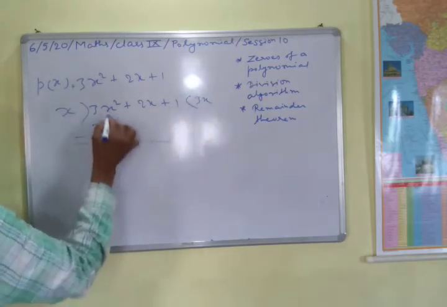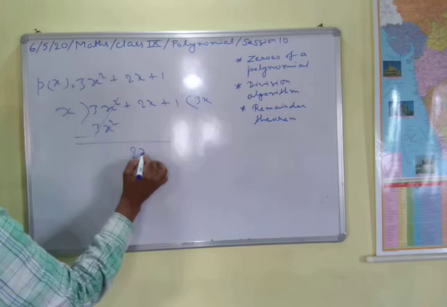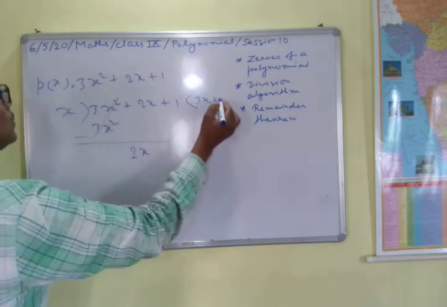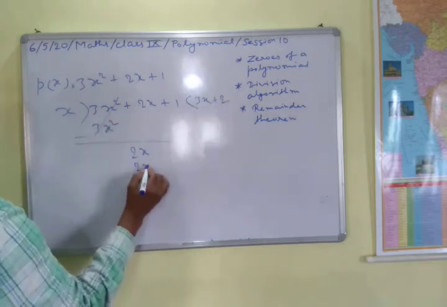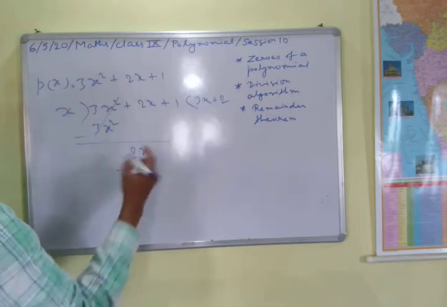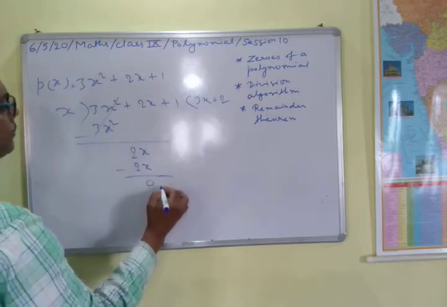Then subtract, and then comes 2x. Again we will take plus 2, so it will be 2x, again 0, then plus 1 will come here.